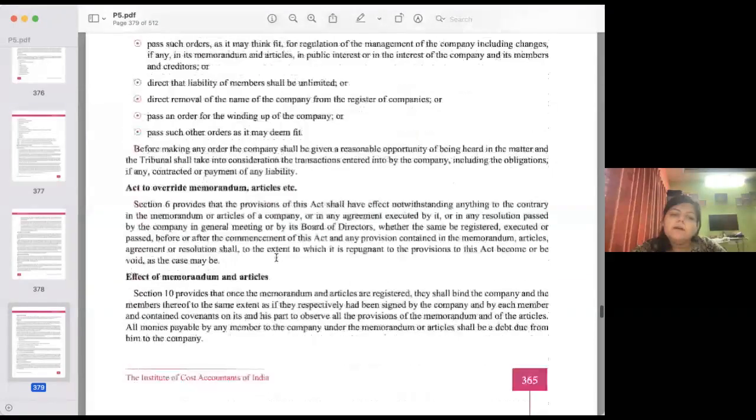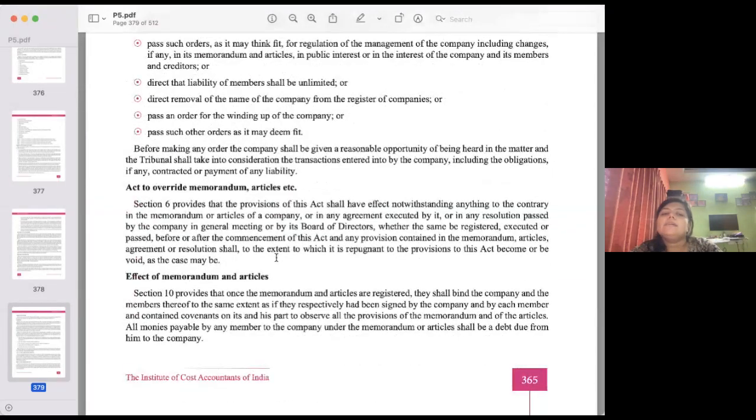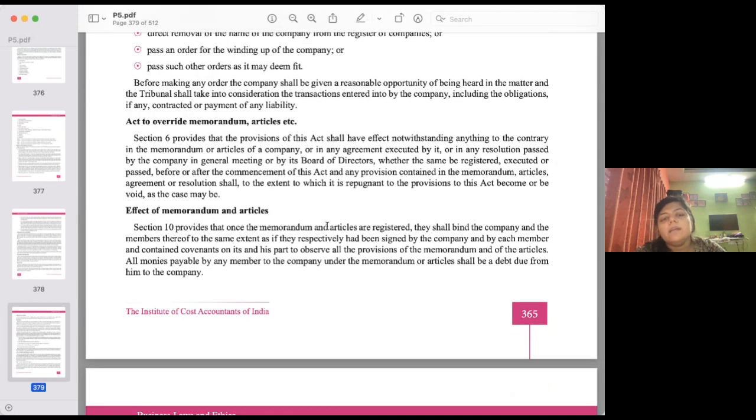When we speak about any acts that override the memorandum or the articles, if there's anything you do to override it, that would apparently not stand, because memorandum and articles for a company are the constitution and the bylaws and the laws of the company. You can't go beyond it. You can't even regularize the act by taking a board resolution later on.